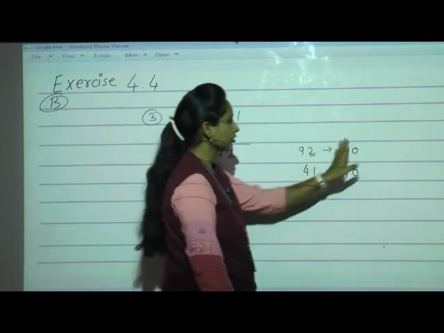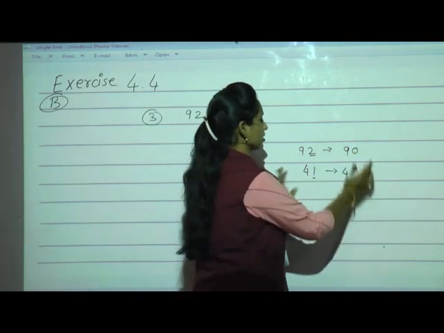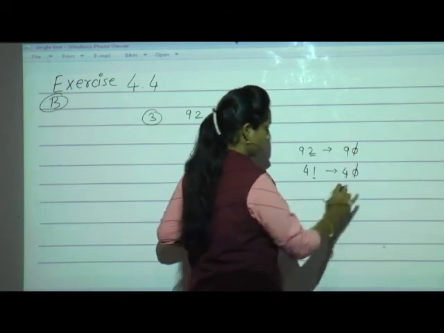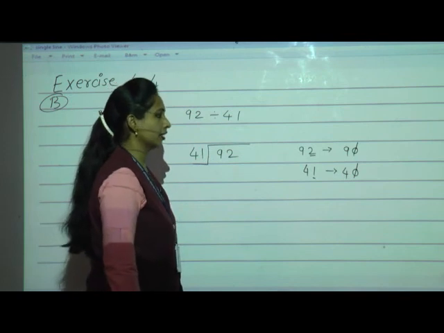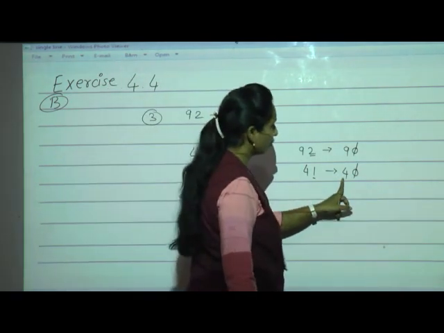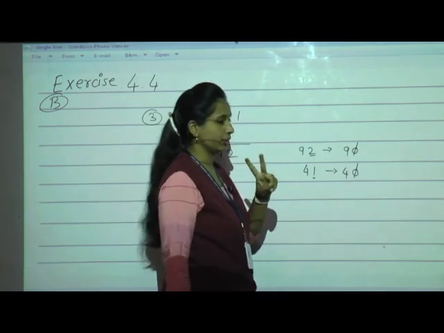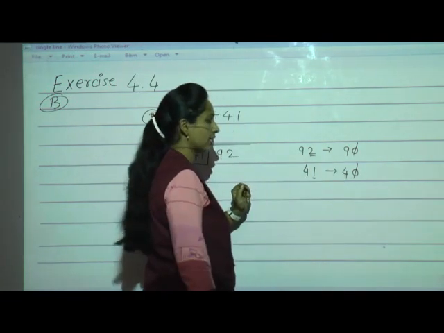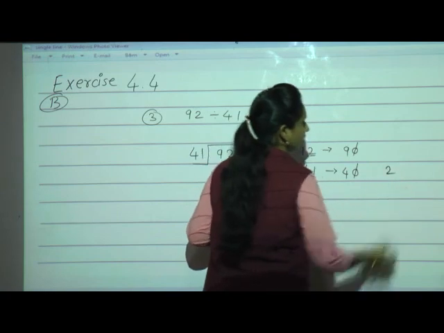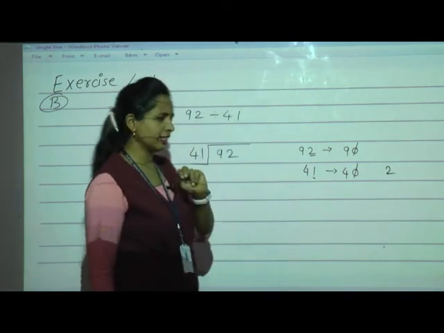Now if we close these 2 zeros, like cross also you can do, what is remaining? 4 and 9. How many times does 4 go into 9? 2 times. 4 2s are 8. 8 can go from 9. So the estimate quotient is near about 2.